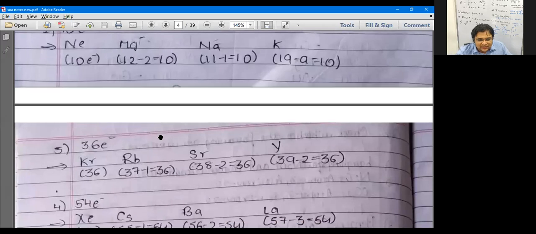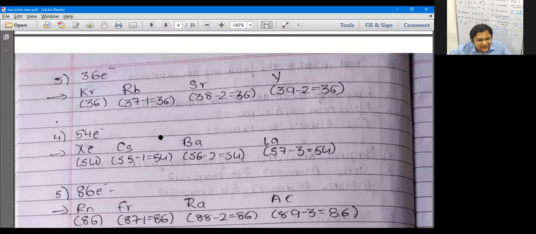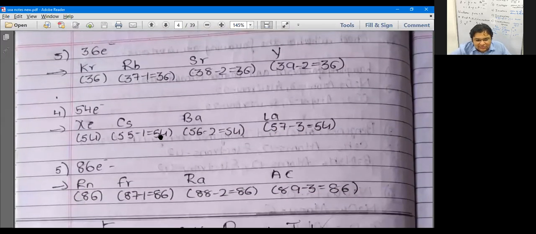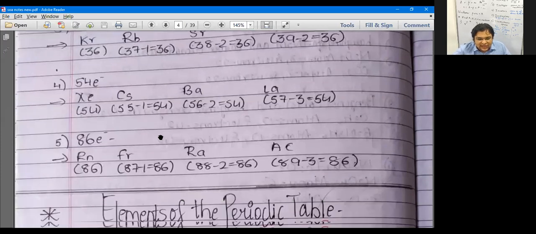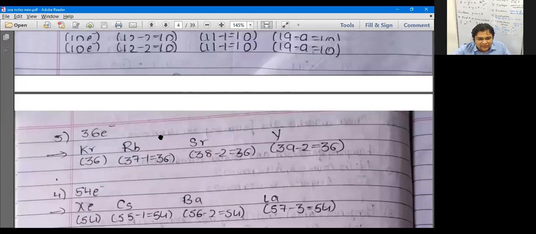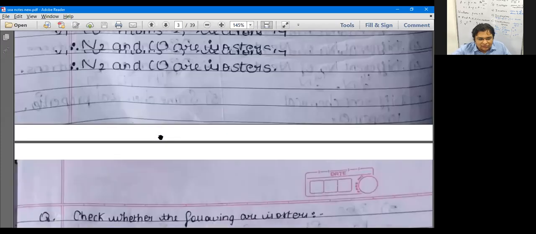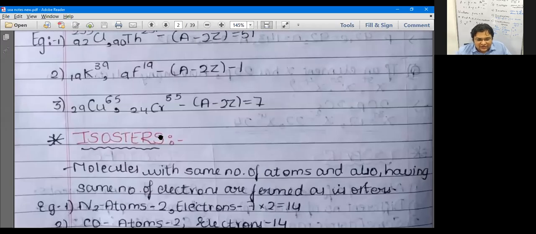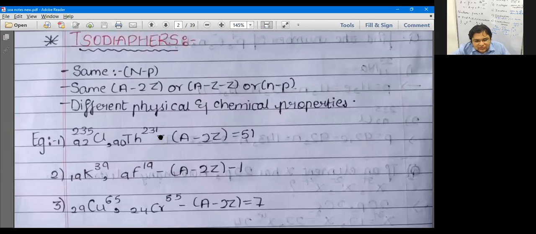Look at this, guys. Isoelectronic species of 54 electrons, 86 electrons. You should understand how it is formed. Okay, now isodiaphers. Please add isodiaphers.